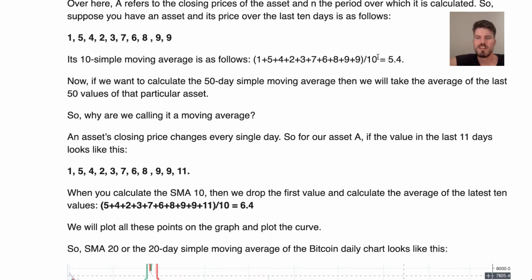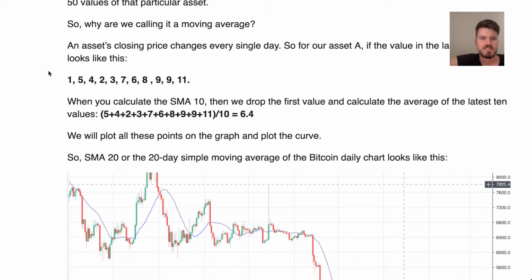You go one candle back and it looks at the previous 10 candles. Since the asset's closing price changes for every period, when you calculate the SMA 10, we drop the first value and calculate the average of the last 10 values.